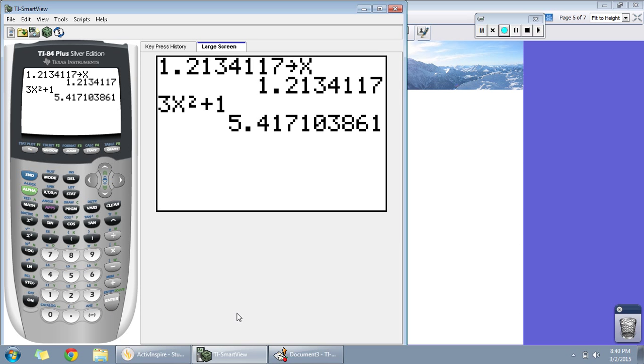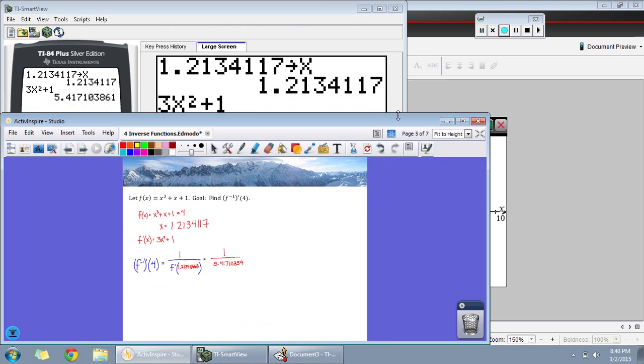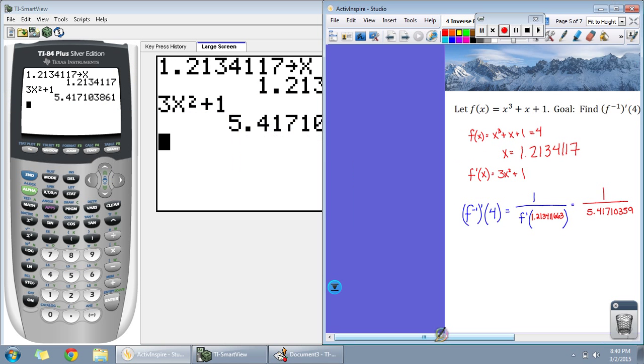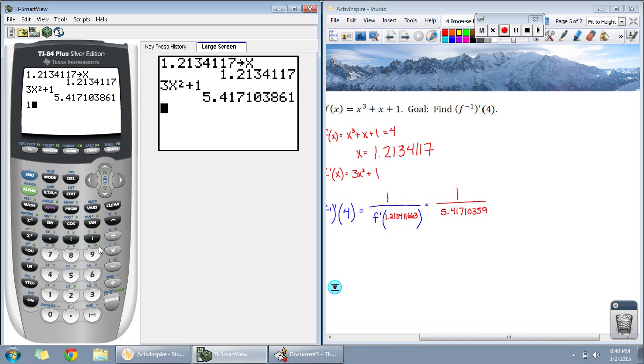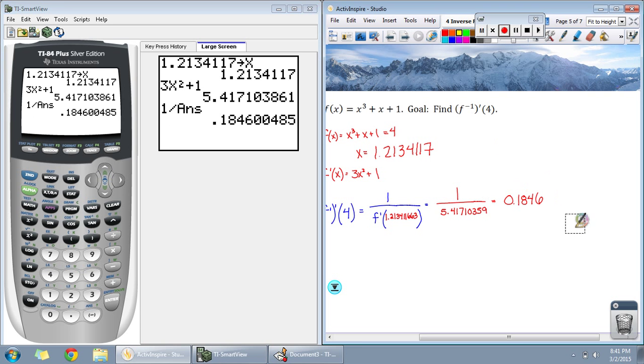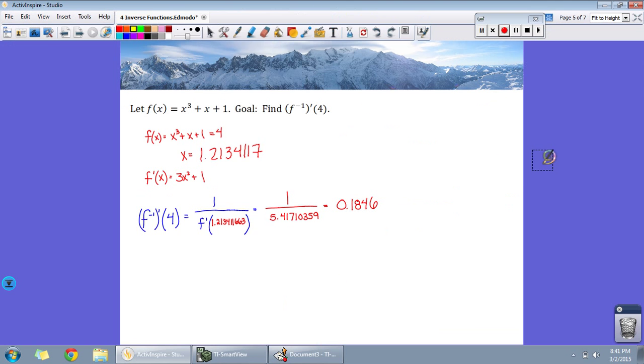And we get the 5.417, etc. Now what we want is 1 over that, so over here I'm going to do 1 divided by my answer to get this value. And then you can round to 3 decimal places to get 0.185.